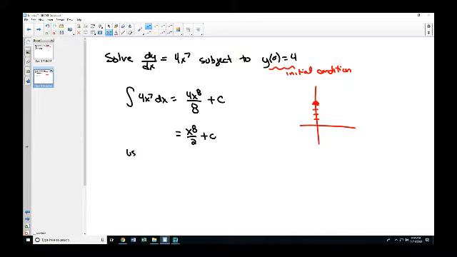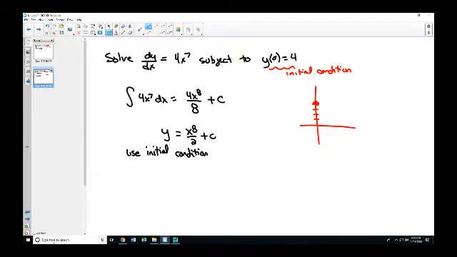So if we use the initial condition, so this is the function y equals. We had a derivative, we did the antiderivative, now we're at the original function, correct? So this is the original function.